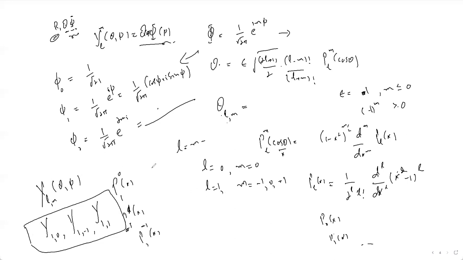You can proceed the same way to find the spherical harmonics for L equal to 1 and L equal to 2, which I am giving as an assignment. For L equal to 1, m can take values -1, 0 and +1. For L equal to 2, m can take values -2, -1, 0, 1 and 2. Just find out the spherical harmonics for these conditions.